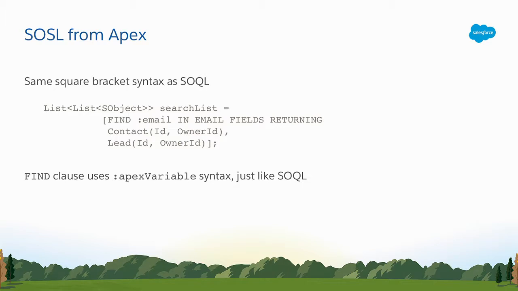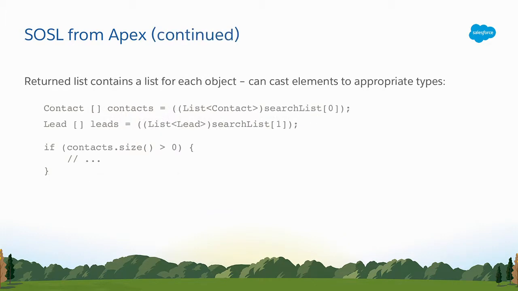Okay, so calling SOSL from Apex is a little bit different from the API. It's exactly the same syntax for doing :variableName. You don't have to worry about escaping. You can return multiple types of sObjects, and it returns a list of lists, which is really useful.